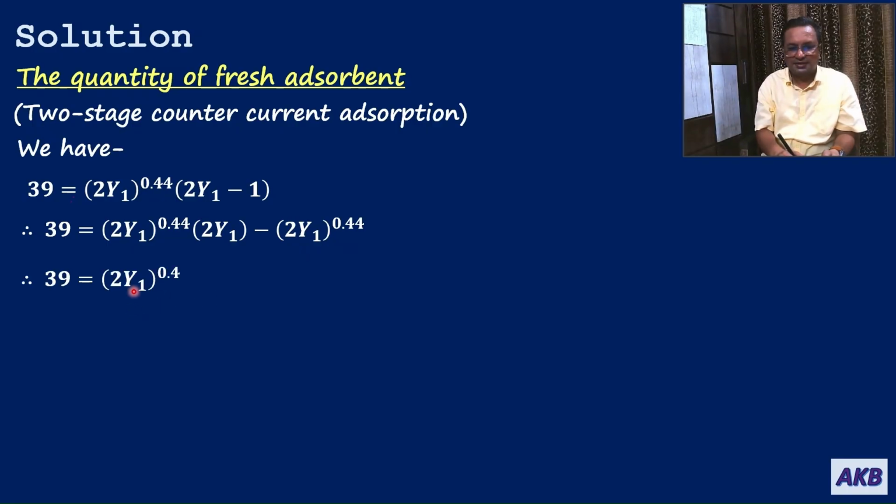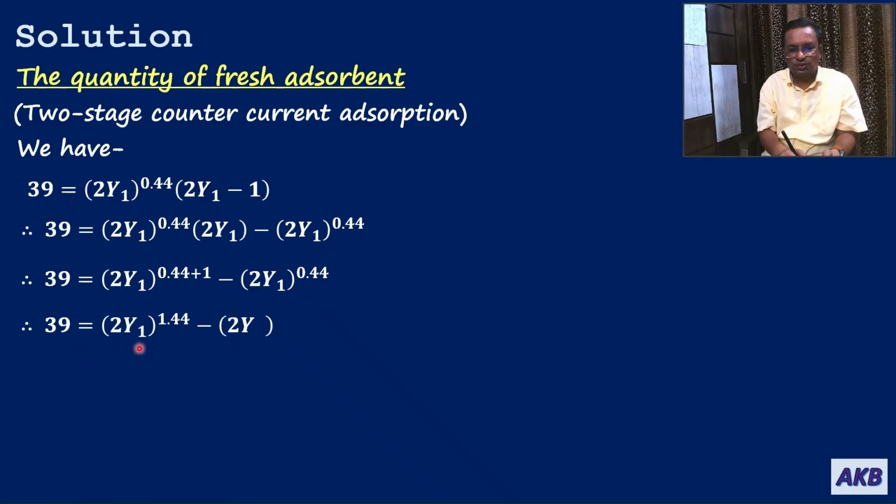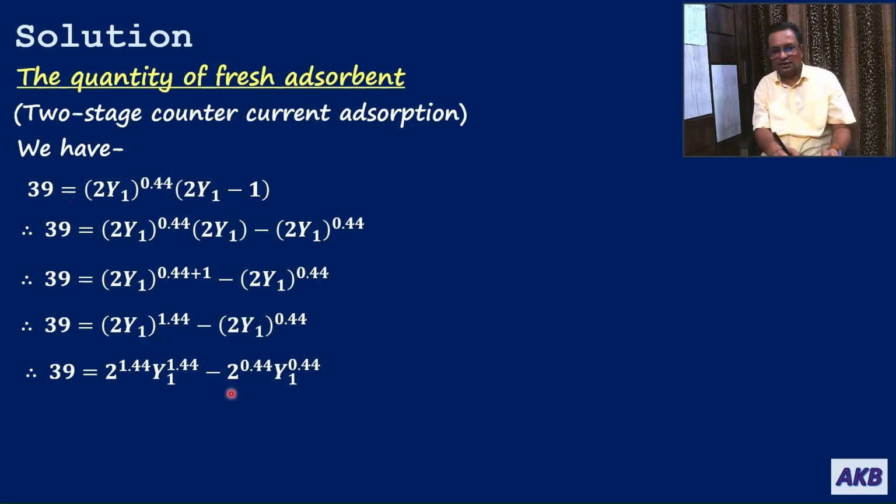Since you have the same base, it will be 2 into Y1 raised to 0.44 plus 1, minus 2 into Y1 raised to 0.44. That is 39 is equal to 2 into Y1 raised to 1.44 minus 2 into Y1 raised to 0.44. I have separated the power: 39 is equal to 2 raised to 1.44 into Y1 raised to 1.44, minus 2 raised to 0.44 into Y1 raised to 0.44.